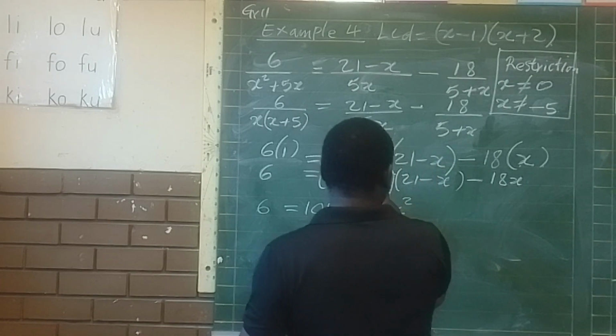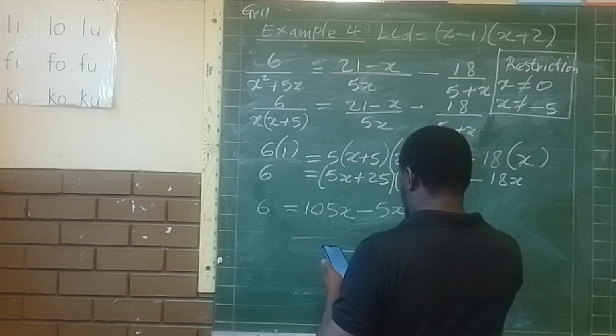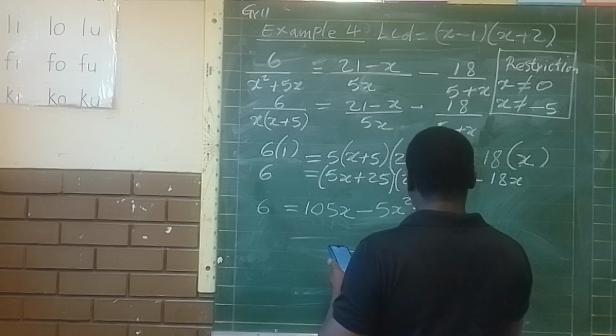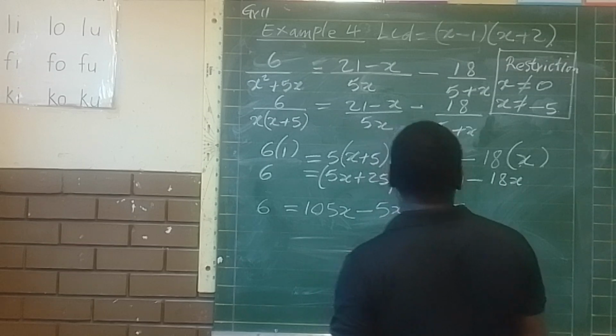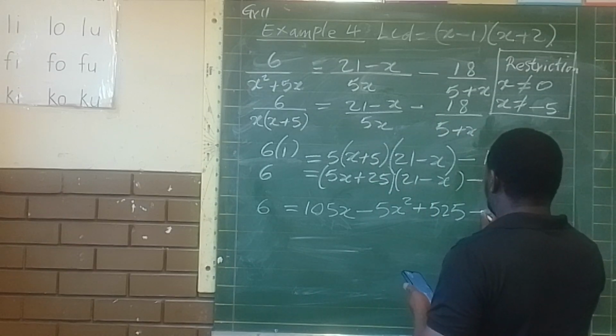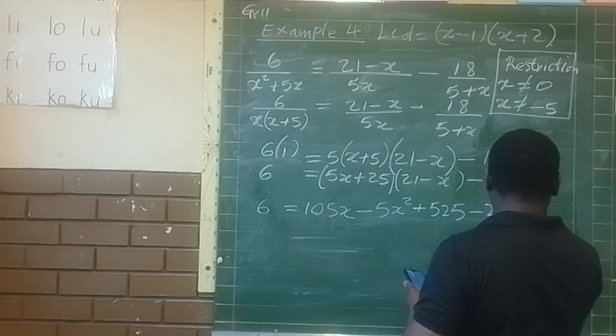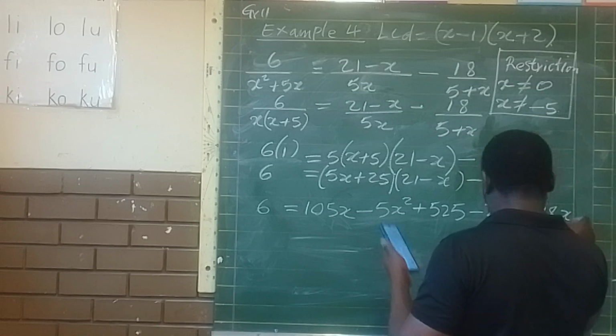What is the sign of that? 21 is positive. 5 times minus x is minus 5x squared, 25 times minus x is minus 25x, minus 18x.